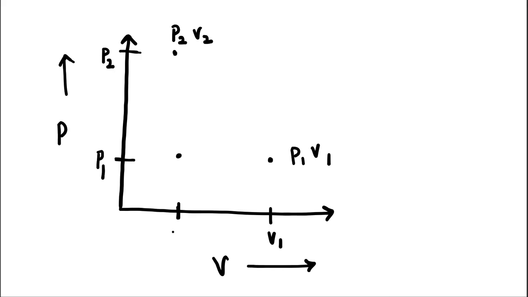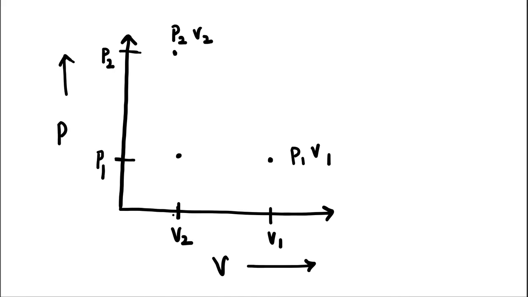Now let's say initially our system is at P1 and V1, and finally at pressure P2 and volume V2. So this point corresponds to P2, this point corresponds to P1, and this one corresponds to V2.